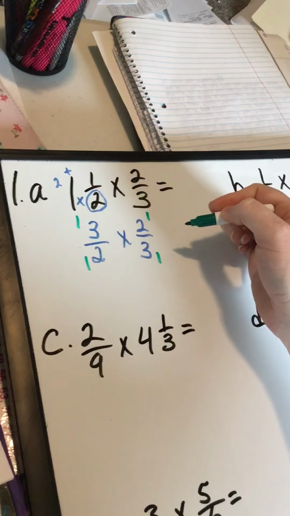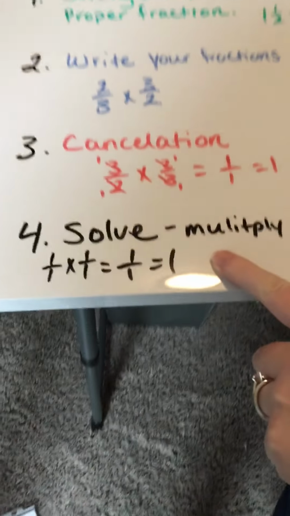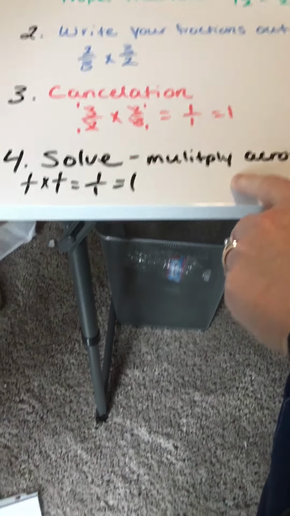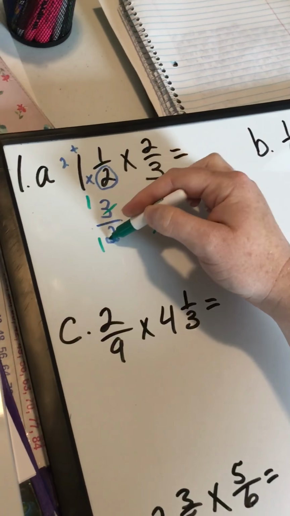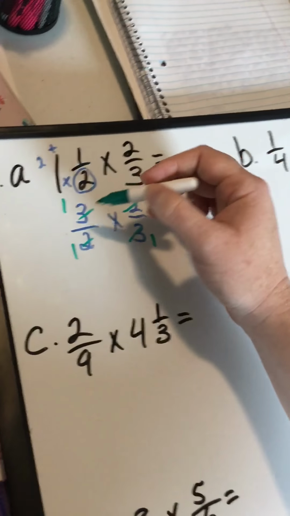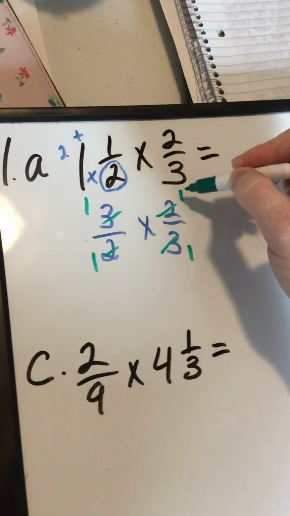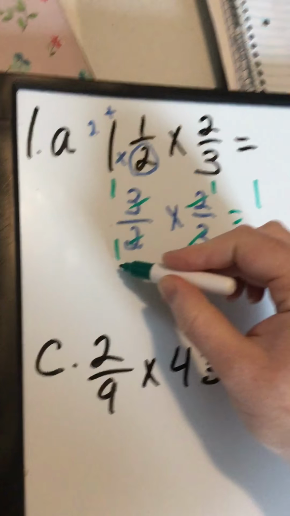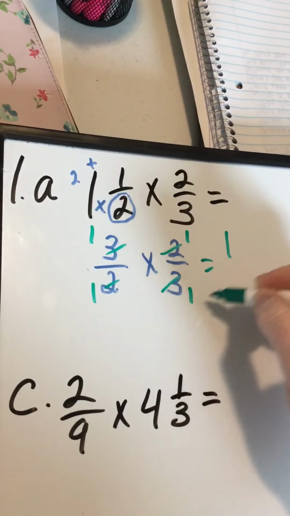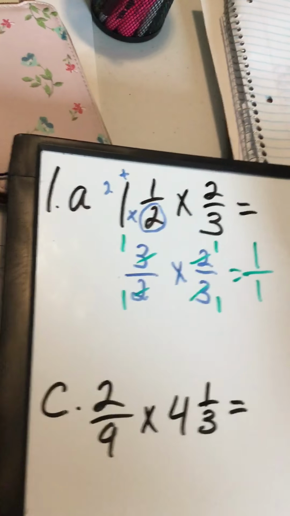Okay, now our next step is to solve, and we do that by multiplying across. So we're not doing our 3's. We can cross those off. We're not doing those if that helps. 1 times 1 is 1. 1 times 1 is 1.